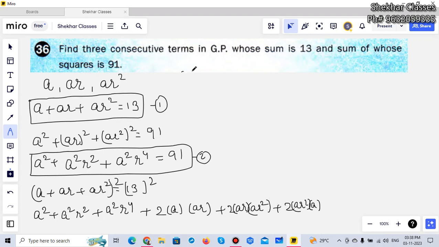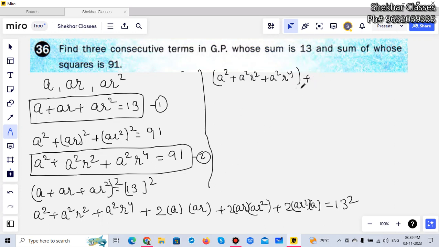Now after that we have to solve it. So it will be A square plus A square R square plus A square R to the power 4, and this is equal to 13 square. It has a value, you can see I have kept it here the same.